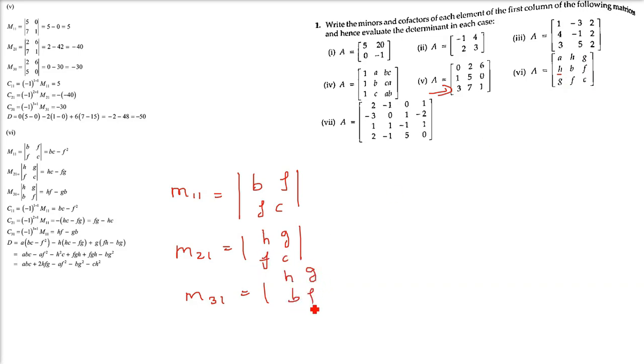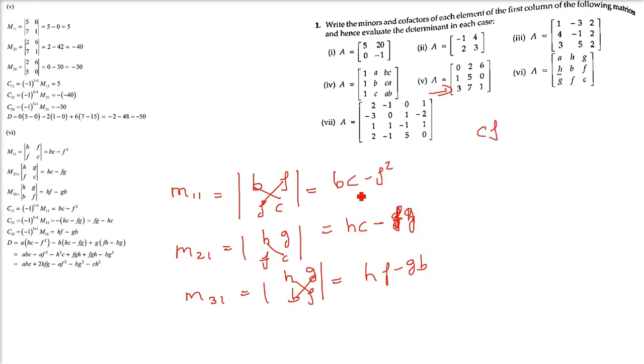So this will be BC minus F square. This is just a 2 by 2 determinant I am finding. HC minus FG. Then we have this one, HF minus BG, or GB.